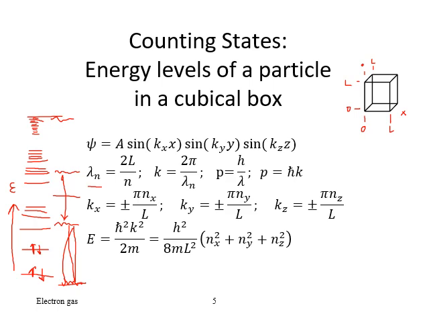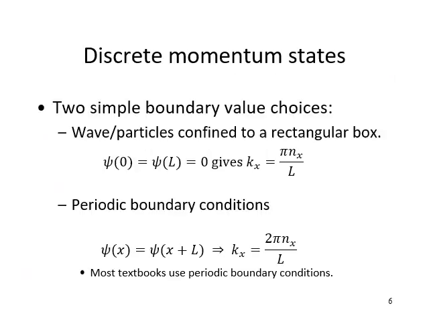Okay, so we know that already. We learned that in Quantum Physics 1 or earlier, that those are the allowed states of a particle in a cubical box. So what we just observed was that there are discrete momentum states, or discrete wave vectors.